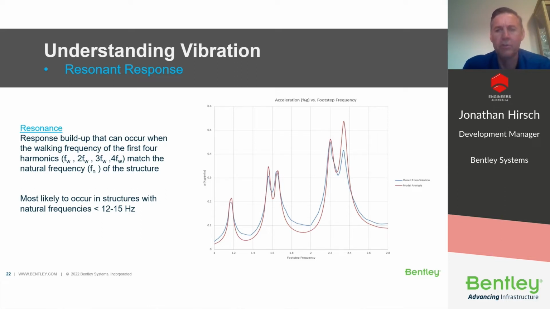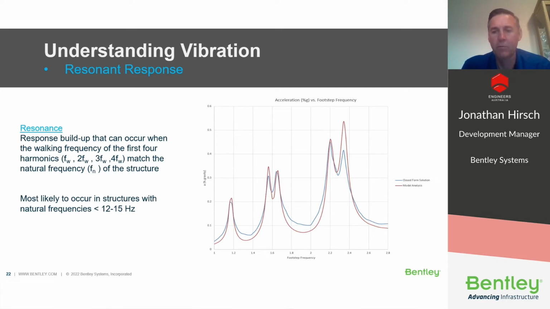This chart shows the results of the 2 approaches for a given problem, and they're generally close. And it also demonstrates resonance, or buildup of response, when one of the first 4 harmonics matches the natural frequency of a given mode. So that's when resonance is occurring, and that's where you see the peaks in this graph.